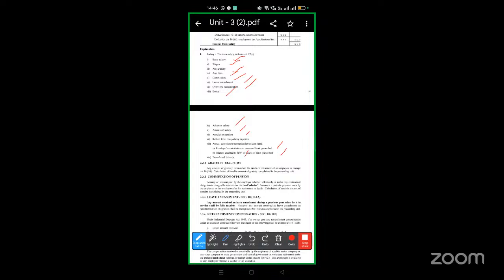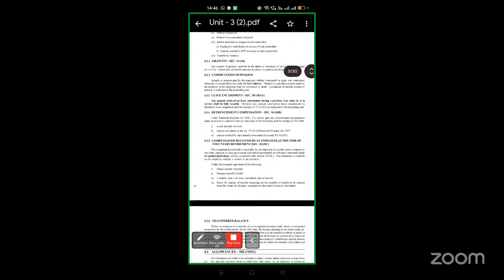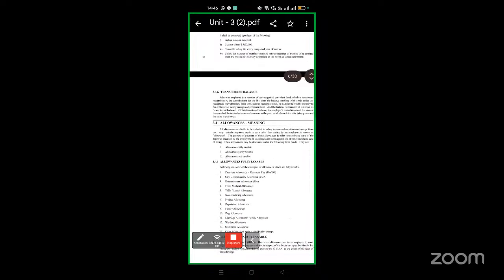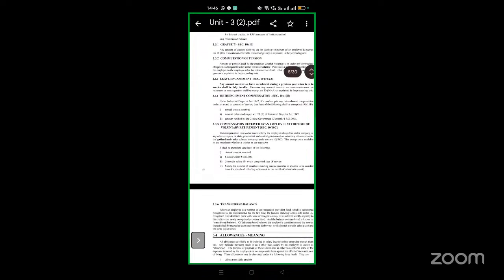And the last one is transfer balance. So this all falls under income from salary. And we also have leave encashment, retrenchment compensation, commutation of pension, gratuity. This all also falls under salary.